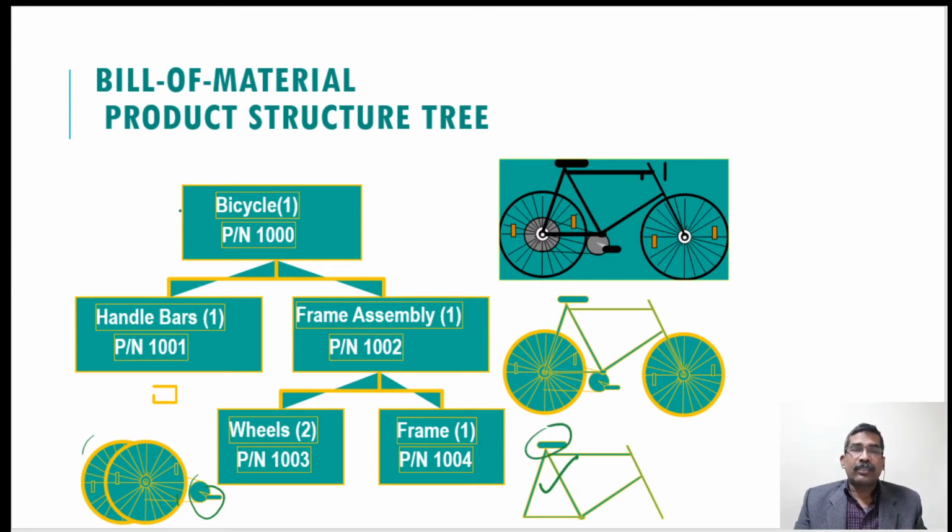So you can learn how to break the product into smaller components, and we have to give the order for all the different components. During the assembly period, it is not necessary that all the components will be required at the same time. So according to the schedule we place the order, and before placing the order we have to see what the lead time of the supply is also.